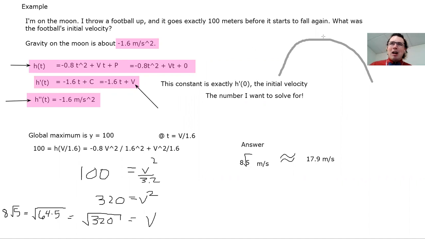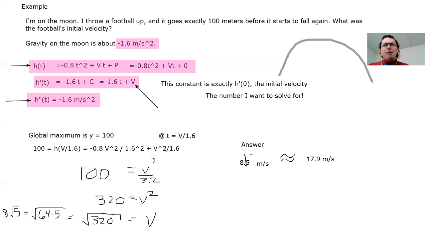Now I know what parabolas look like. I know where they have maximums and minimums. So I know where my critical value is going to be, even if I don't know what number v is exactly. And knowing the y coordinate of the maximum, together with the t coordinate of the maximum, gives me this nice equation. I solve for the quantity that I wanted. I solve for my initial velocity.